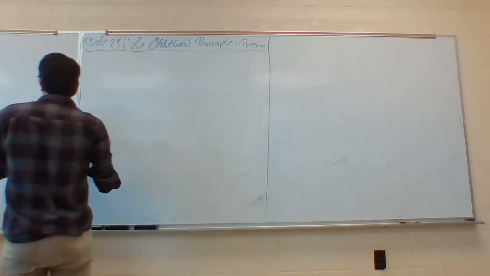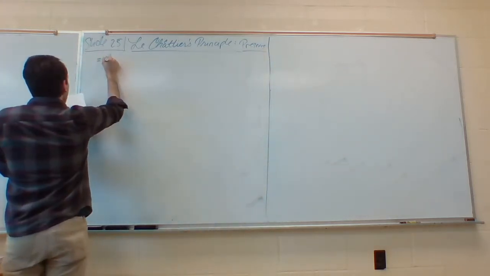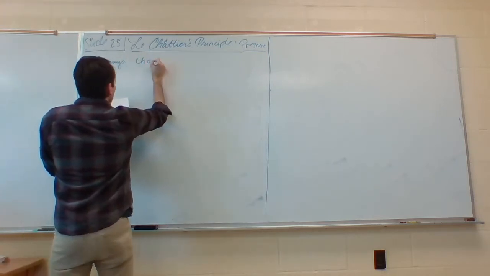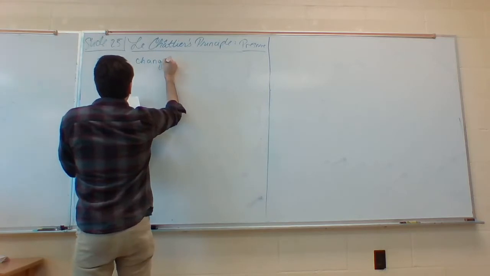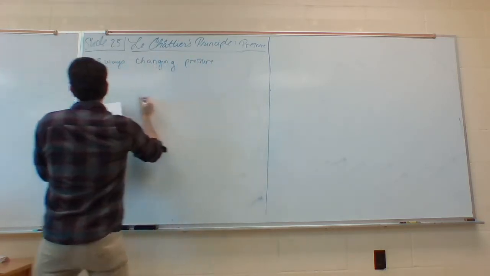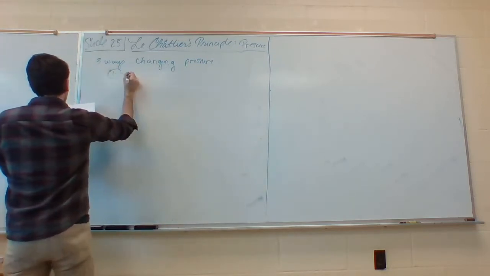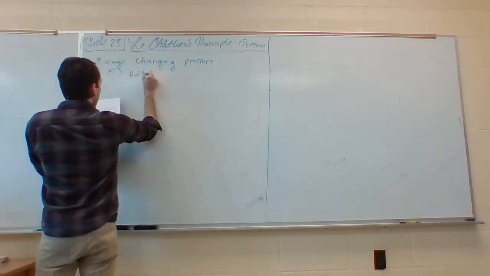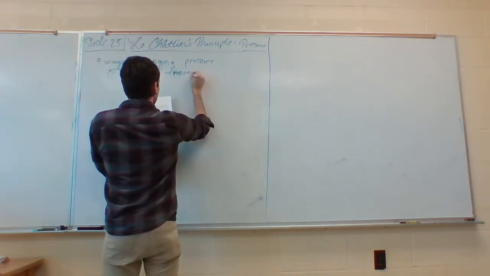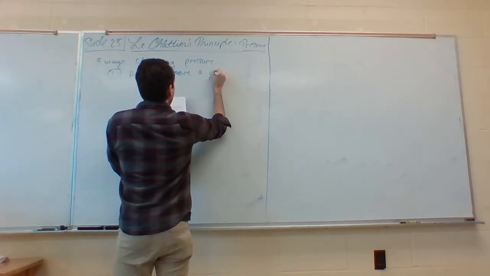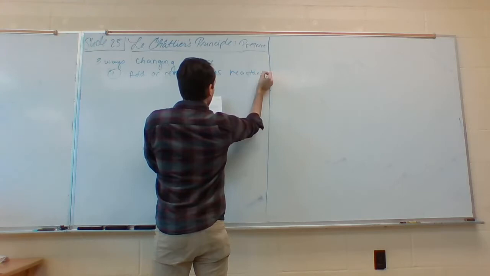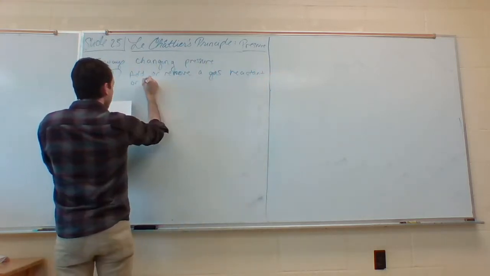All right, now there are three ways we can get effects by changing the pressure. Okay, the very first way is we add or remove a gaseous reactant or product.